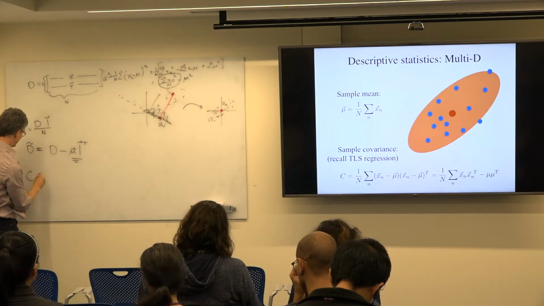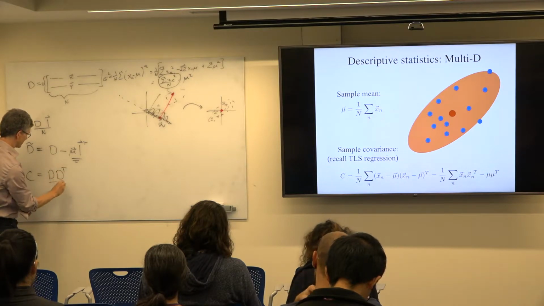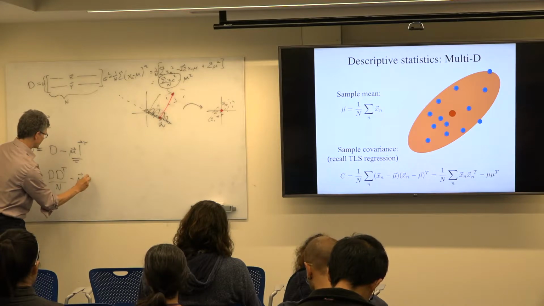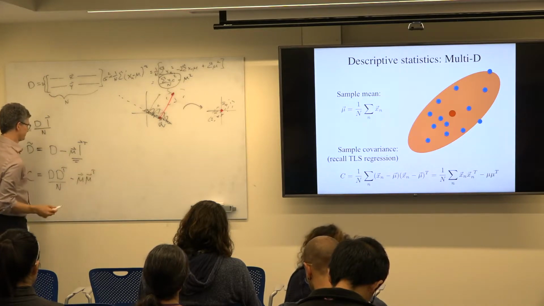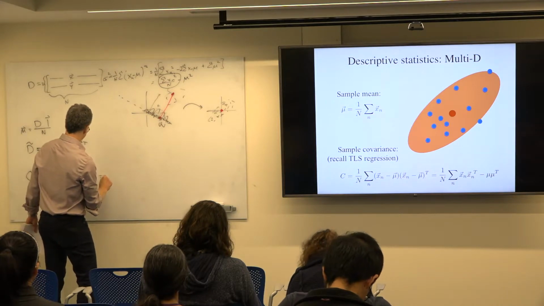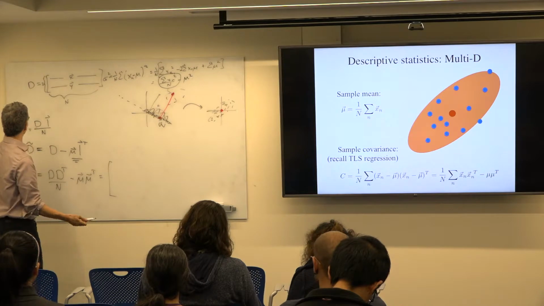Okay, so C is just going to be D times D transpose divided by n, minus mu times mu transpose. And D times D transpose, let's write out what that matrix looks like.